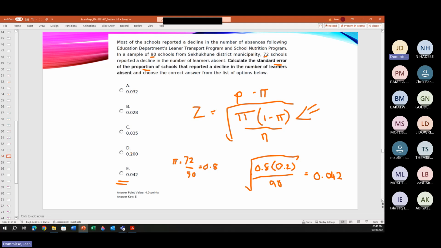So if I then take just that square root, it is 0.042. Okay, so that is basically 1 minus pi, or I don't know how they got to the others. Okay, so that is where we needed to work out the standard error of a proportion.